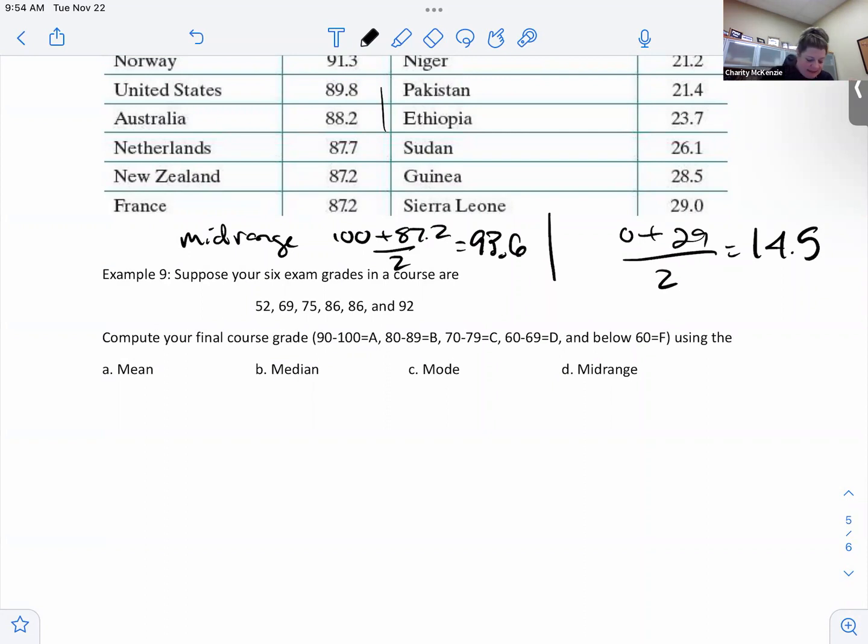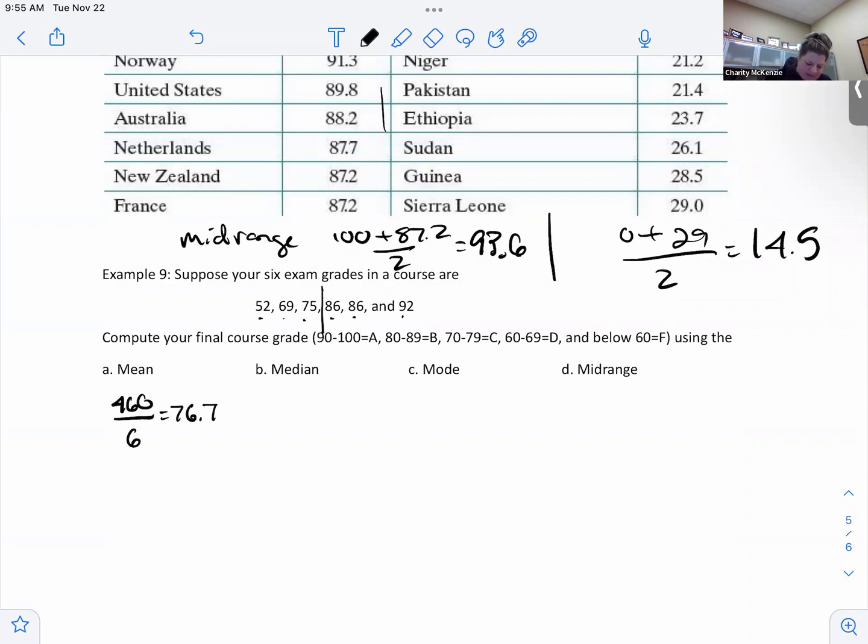Okay, so mean, I'm going to add them up. Plus 69, plus 75, plus 86, plus 86, plus 92. I got 460 divided by 1, 2, 3, 4, 5, 6 is 76.66 repeating. So 76.7. The median. These are in order. That's nice. 1, 2, 3, 1, 2, 3.